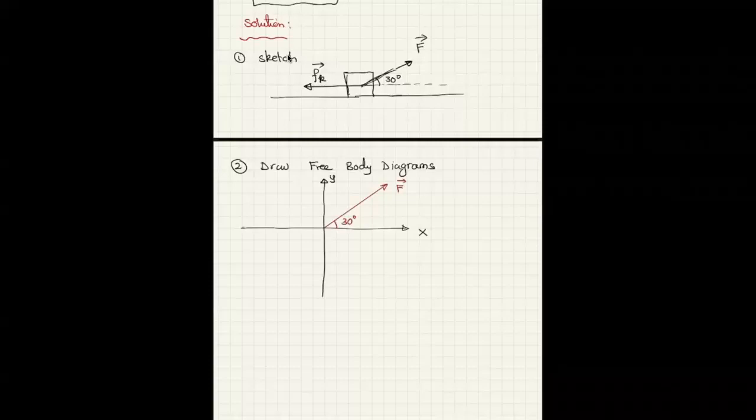I have force of friction, Fk in this direction. I have the normal. And I have also the mg, the weight. This is my free body diagram.